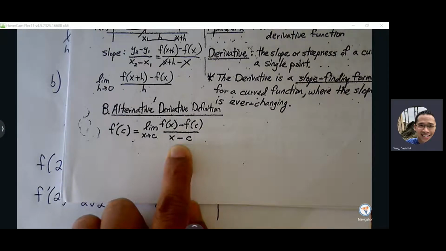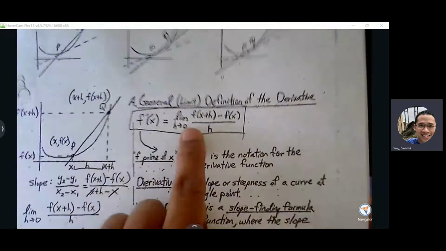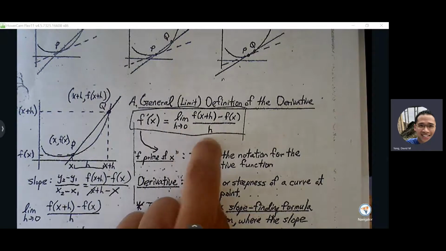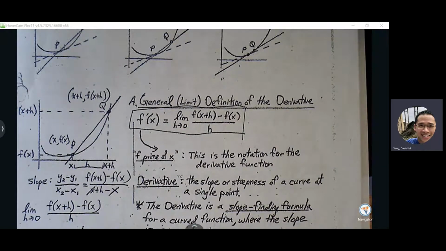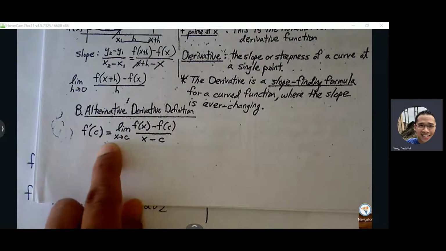But it's a little different, because with the original general limit definition of a derivative, it's a two-step process. We find a slope formula, and once we have that slope formula, we can insert any x value to get the slope. What the alternative definition does is take us directly to the numeric slope. It bypasses the slope formula and goes directly to the slope value that we're looking for.